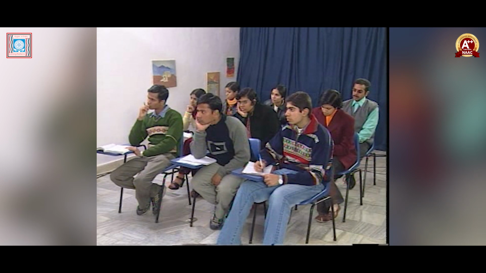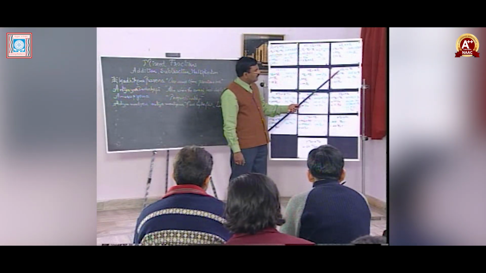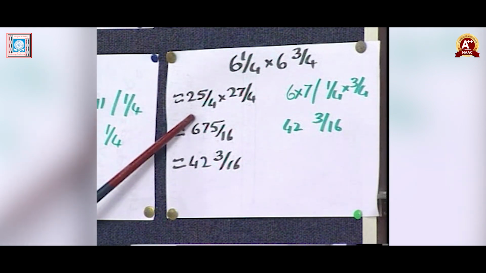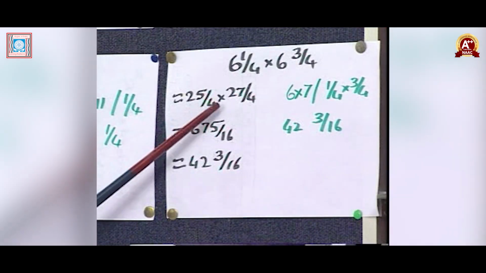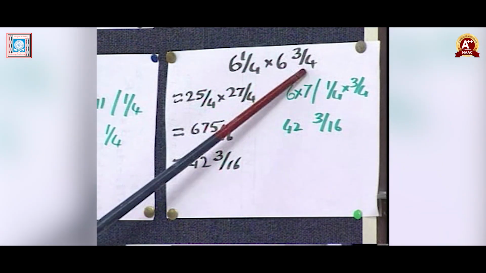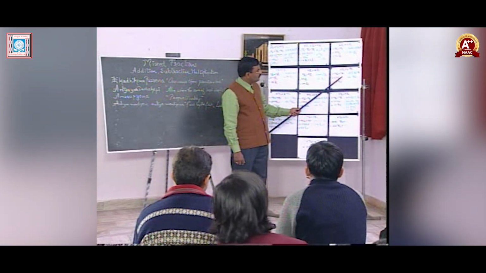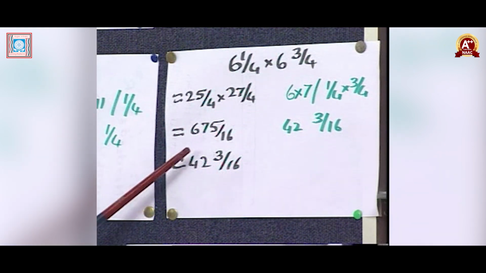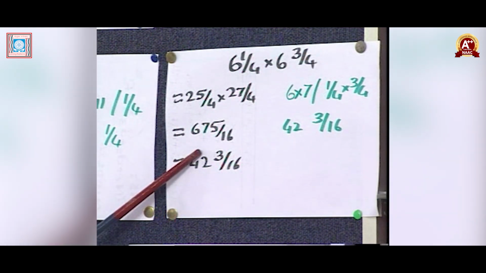Usually in the conventional method, we convert the given number 6 integer 1 by 4, you will get 25 by 4. Here 6 integer 3 by 4, you will get 27 by 4. If you multiply 25 into 27, you will get 675.